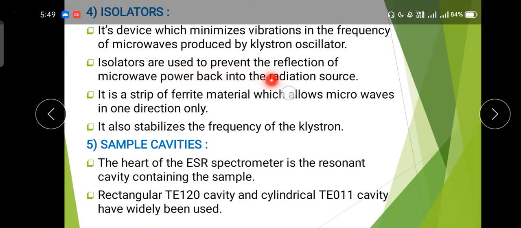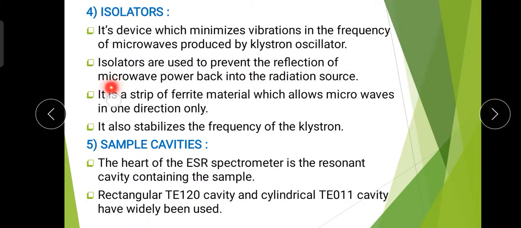Isolators are used to prevent the reflection of microwave power back into the radiation source. After emission of the microwave radiation from the klystron, they may get reflected. So in order to avoid that reflection we can use an isolator.